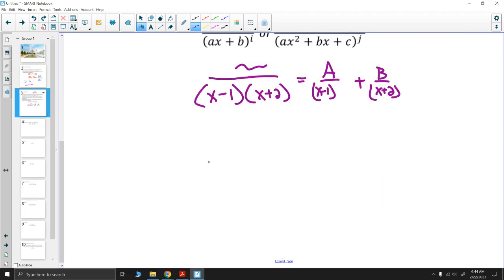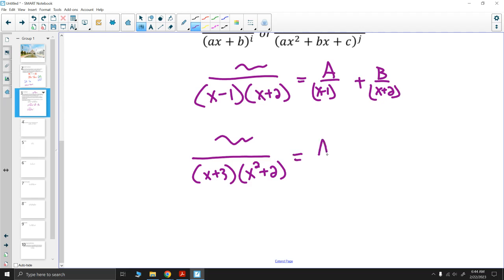If we had something, it doesn't matter what's on top, but we have an x plus 3 and an irreducible, so let's say x squared plus 2, so this is not factorable.